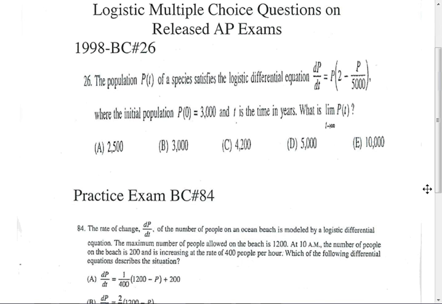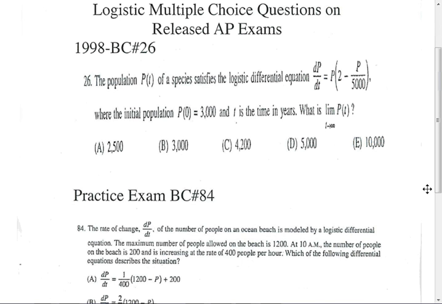Okay, Sam, what's the answer here? Griffin, you're going to get this one wrong. Ellen, what's the answer? 3,000? No. It's not 5,000 either.